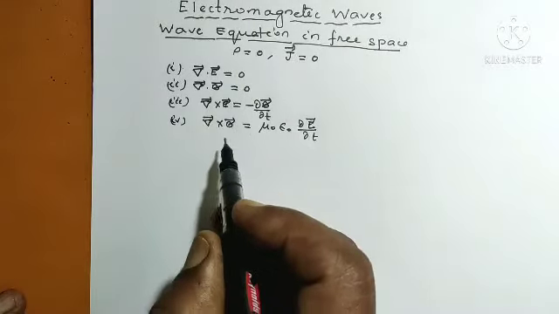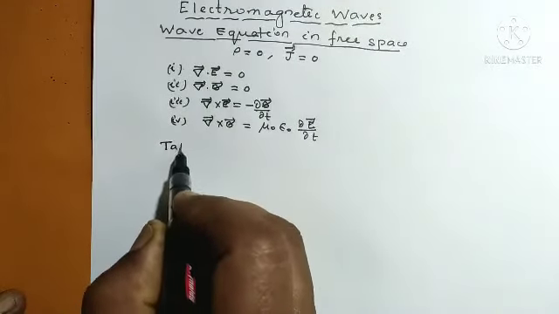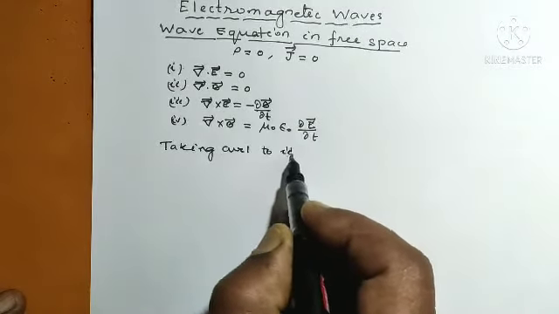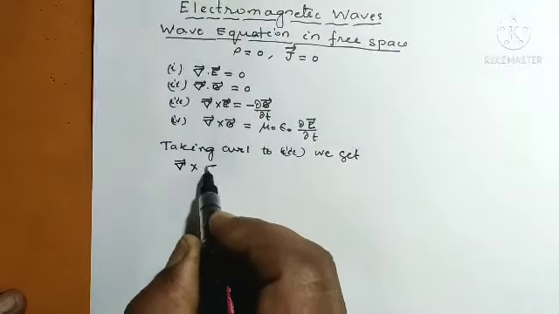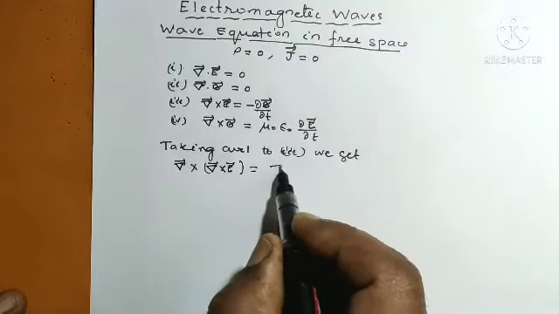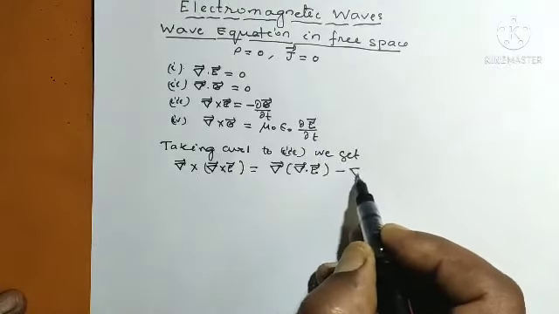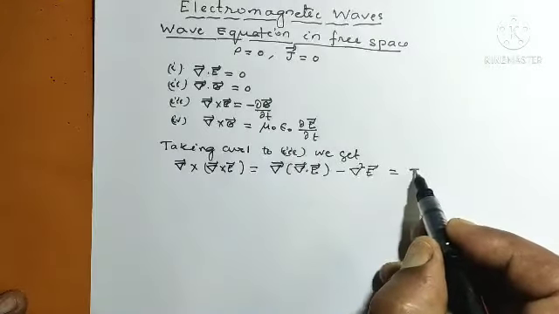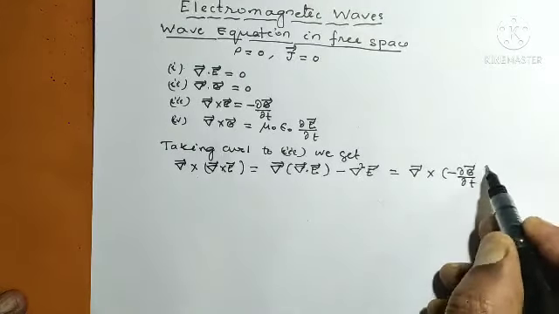Now we apply curl to equation third. Taking curl to third, we get curl of curl E, which is equal to grad div E minus del square E. The right side, the RHS, is curl, that is del cross of minus del B by del t.